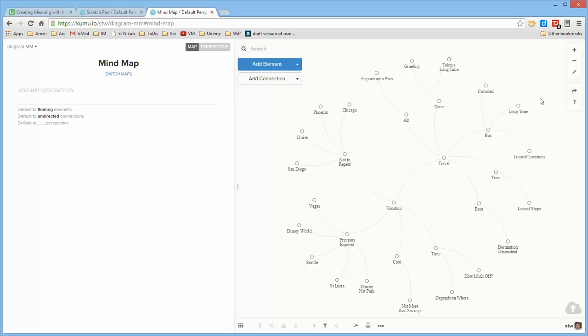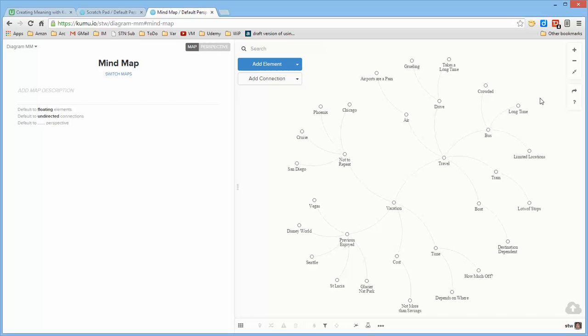Now, what I presented was just the information content of the mind map. You can spend an endless amount of time decorating it, altering the size and the color of the elements, and creating a legend as to what they mean and coloring the connections.